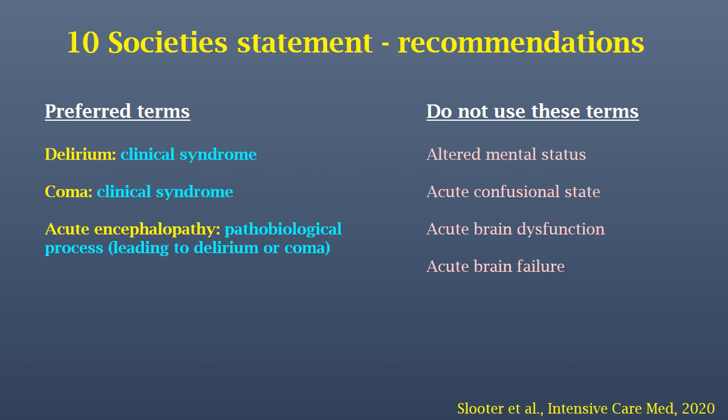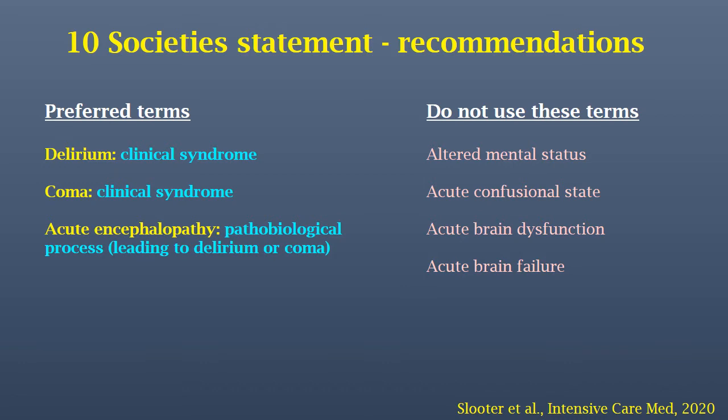And the term acute encephalopathy is not the clinical syndrome, but it's the pathobiological process leading to delirium or coma that's happening in the brain. The group also made the recommendations that the terms on the right, that is altered mental status, acute confusional state, acute brain dysfunction, and acute brain failure should not be used. And you can see more details of this in the reference there.